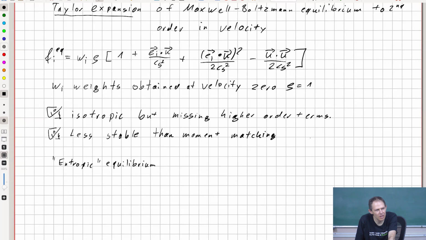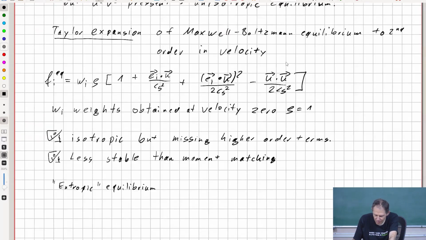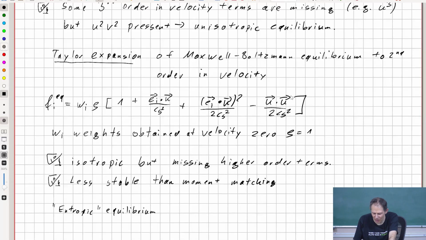In the Taylor expansion case, can't we expand it to a higher order, third order? Yes, we can expand it to a higher order. The problem then is it will no longer fit on that lattice. In principle, the methods are compatible.